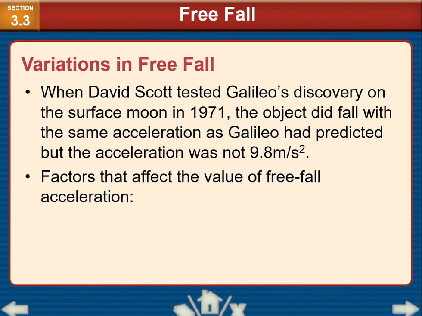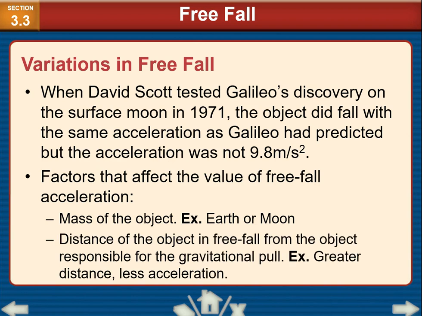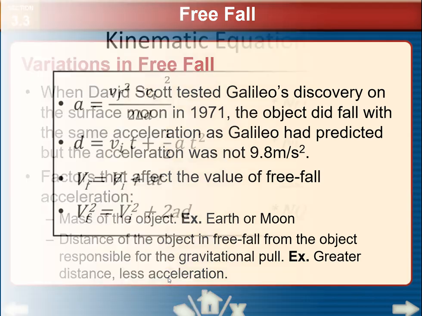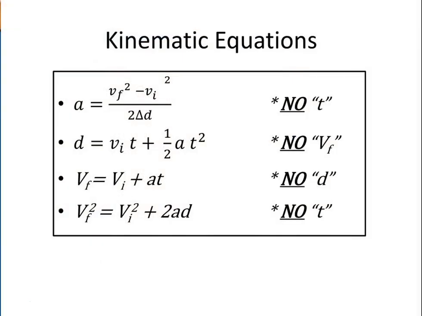Again, you can look at the factors that affect the value of free fall. The greater the distance, the less acceleration you have, and we're going to talk more about that later on. But most of it deals with these equations. When we're talking about free fall, acceleration is constant.